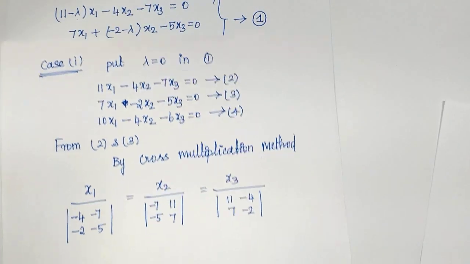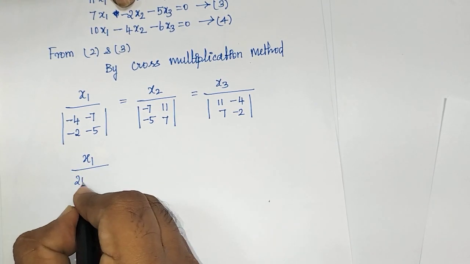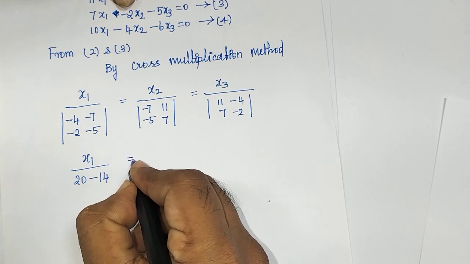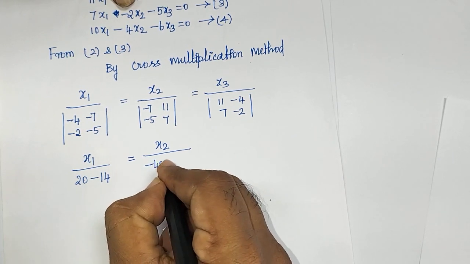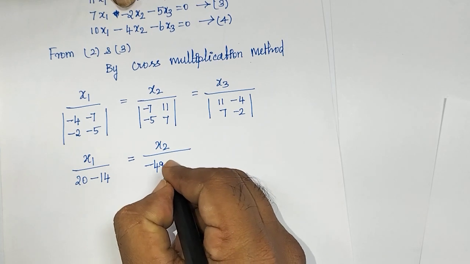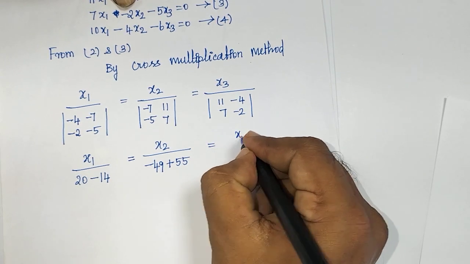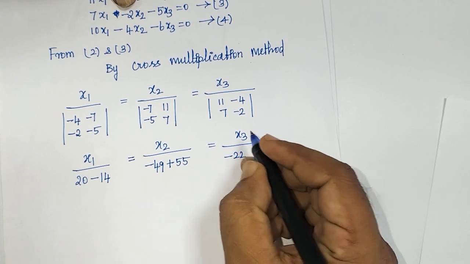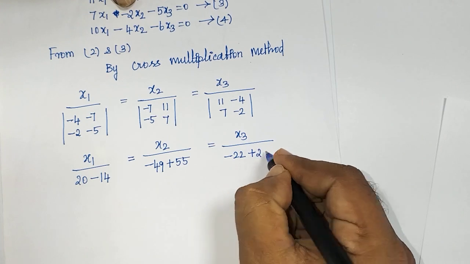Okay, and now simplify this. x1 divided by 20 minus 14 is equal to x2 divided by minus 7 into 7 minus 49 and 11 into 5 minus 55, minus plus 55, and x3 divided by 11 into minus 2 minus 22, 7 into minus 4 minus 28, so minus into minus plus 28.